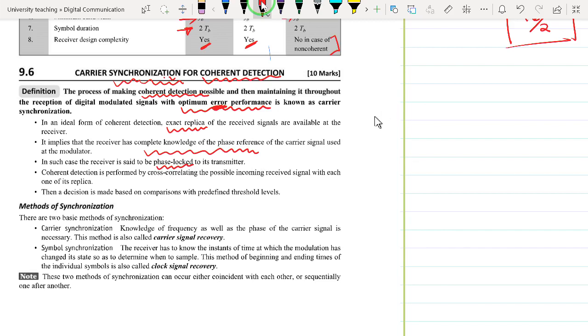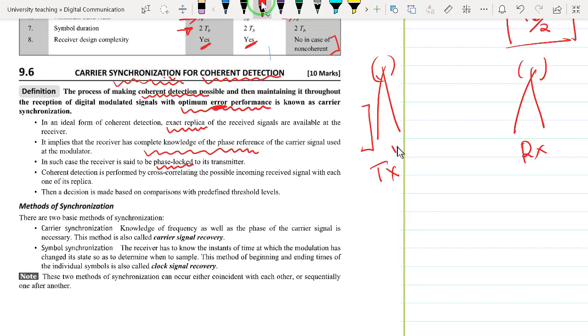I believe you have seen us discuss this. We have a transmitter and a receiver; at the transmitter we have a carrier with a given phase, this is the TX, this is the RX. Here we are modulating the carrier signal with our message, a bit stream of ones and zeros, and the receiver receives a carrier that is phase modulated.